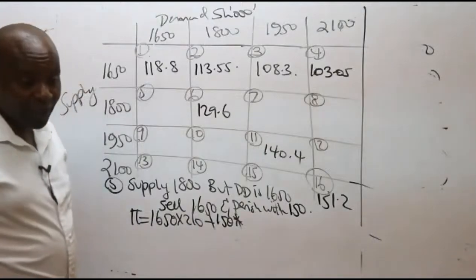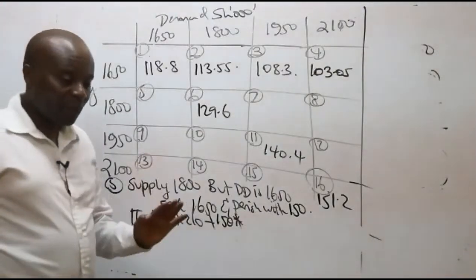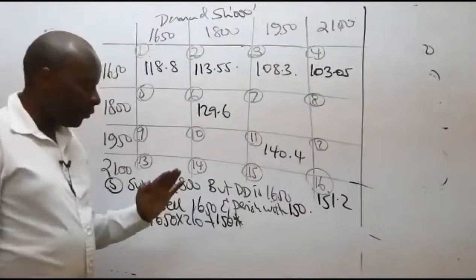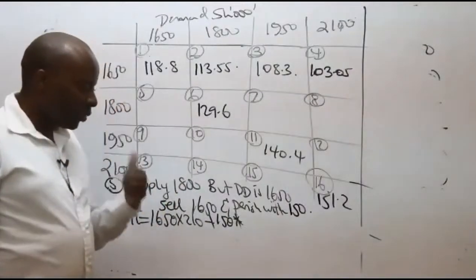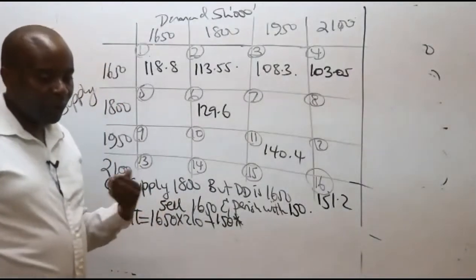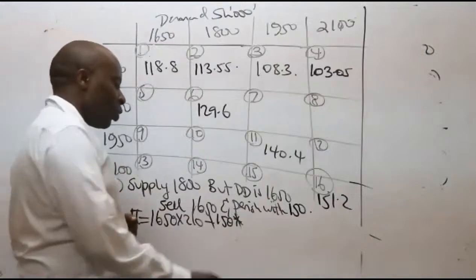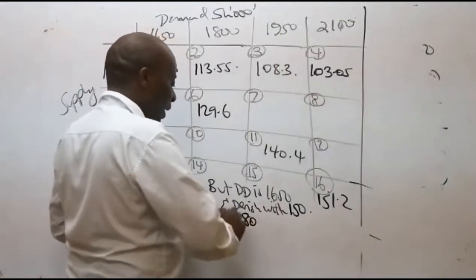Once we are not able to sell them on that particular day, we perish with them, we'll fetch a lower price, 80, I'm being told. 80. So that is revenue.